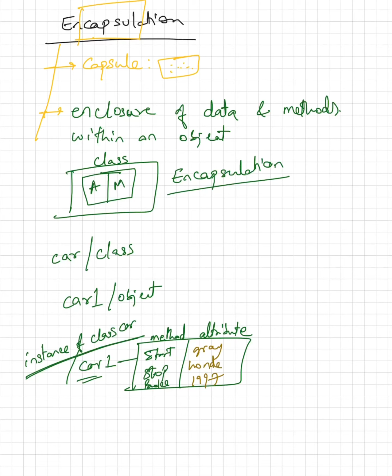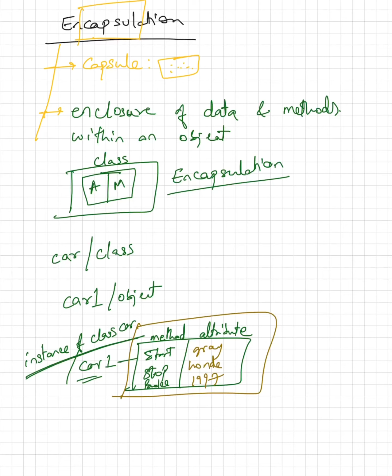So these properties are embedded inside this object. Maybe we have to set the values, but once we set them, the methods and the keys for the attributes come embedded. That concept is called encapsulation.